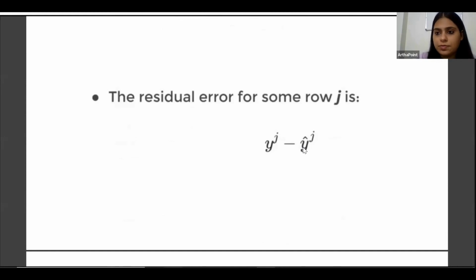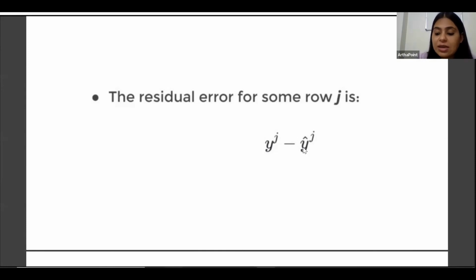But there is a problem. In linear regression, the sum of the errors is 0. Then what do we do? How do I know which model is performing better? Well, we don't minimize the error. We minimize the sum of the square of the errors.